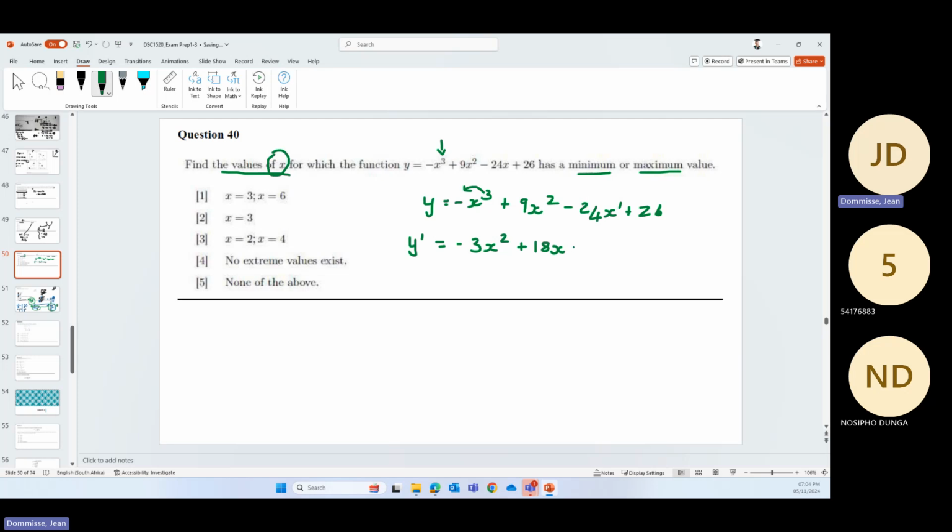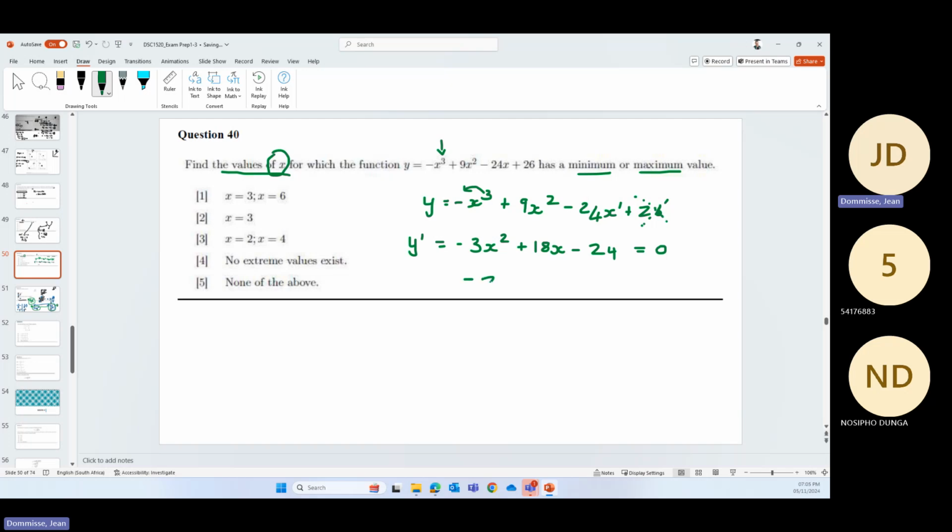There is a 1, so it just becomes minus 24. x to the power of 1 minus 1 is x to the power of 0, which is 1. And if we differentiate a constant, it falls away. So to find the minimum or maximum, that must be equal to 0.